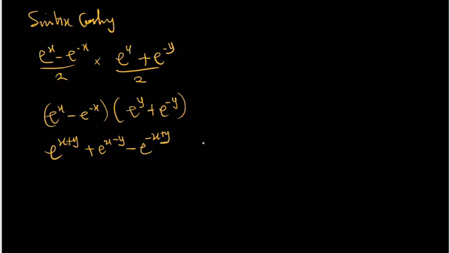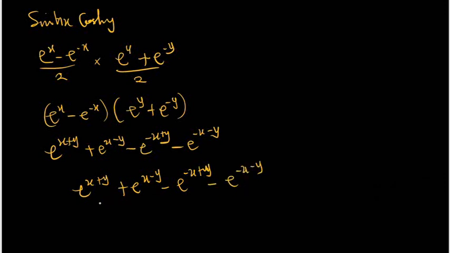And this multiplying this will give us minus e^(-x plus negative y), which can just be written as minus e^(-x-y). Good. When we multiply the denominators, it will be 4. So the whole expression becomes e^(x+y) plus e^(x-y) minus e^(-x+y) minus e^(-x-y) all over 4.